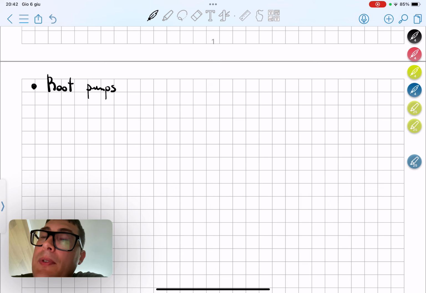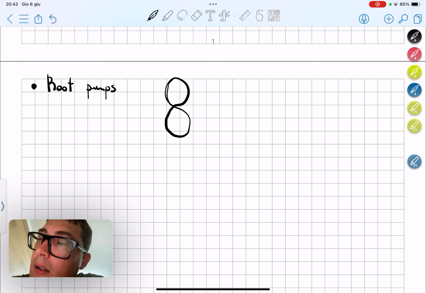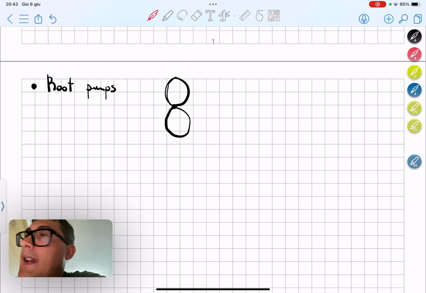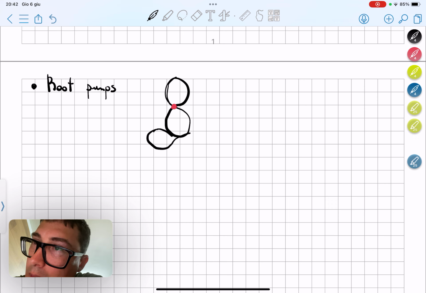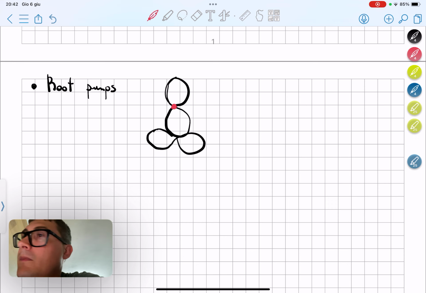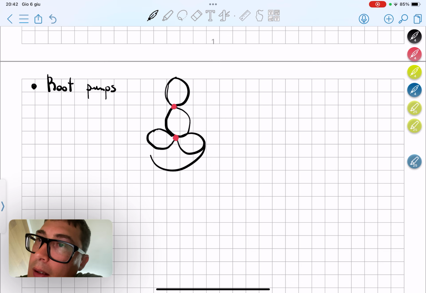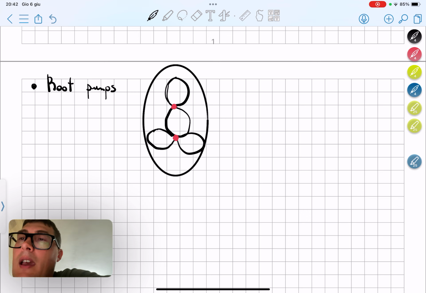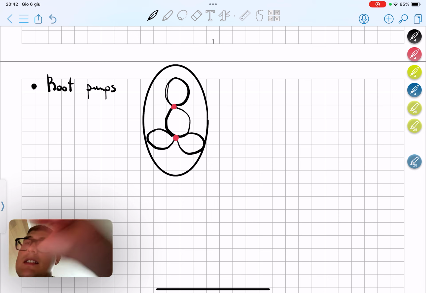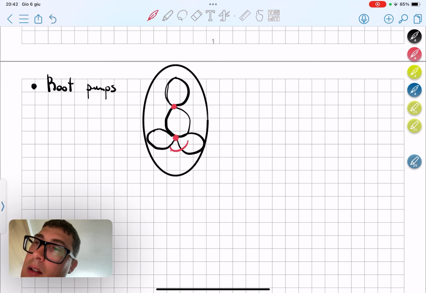Well, the roots pump is somewhat difficult to draw. It's like an 8 here, with another one placed in this way. They are all inserted inside a mechanism like this, and they are simultaneously rotating.